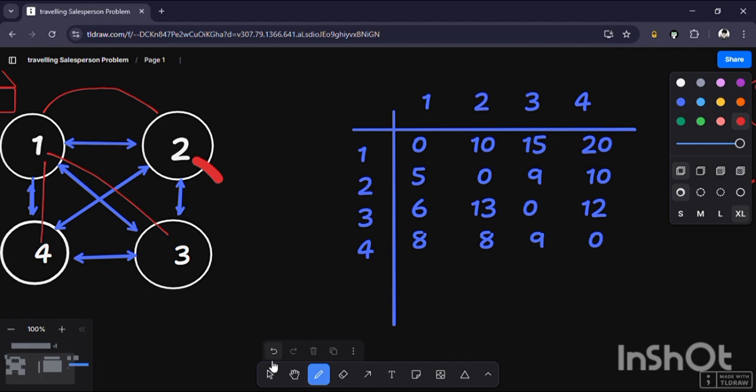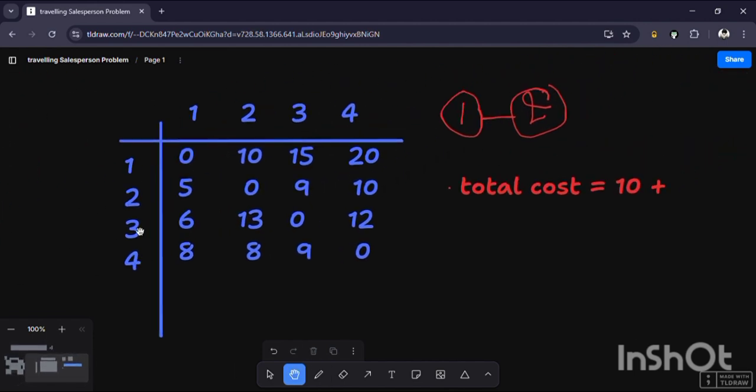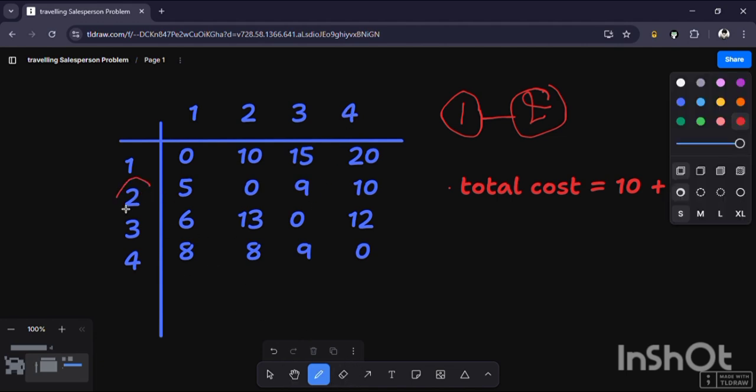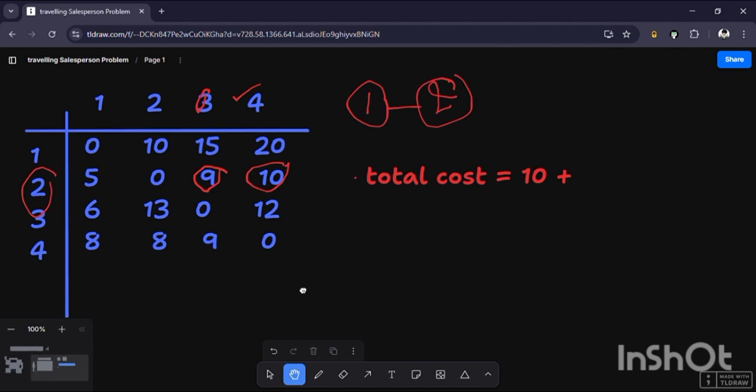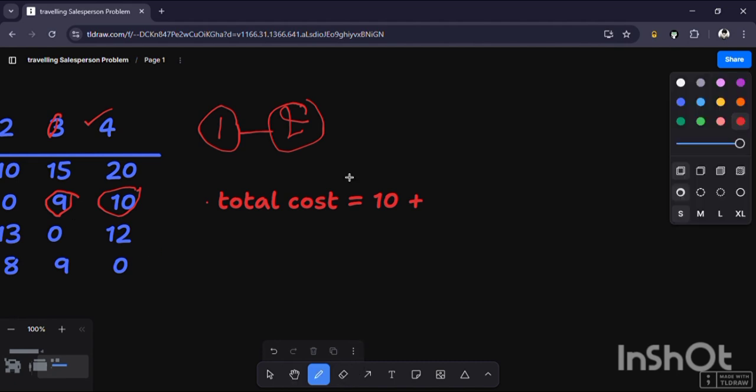From 2, he can go to 3 or 4. There are 2 options. Between 3 and 4, which will he choose? If he goes to 3, it costs him 9. If he goes to 4, it costs him 10. So obviously he will choose 3. It will cost him less.